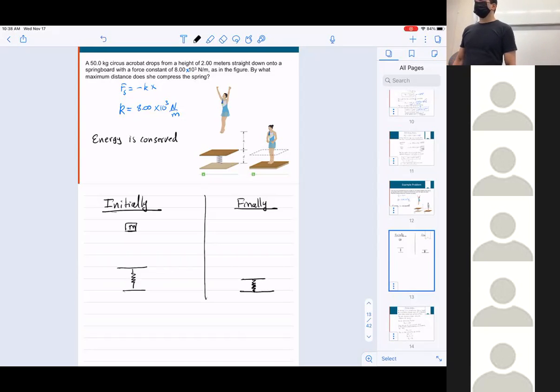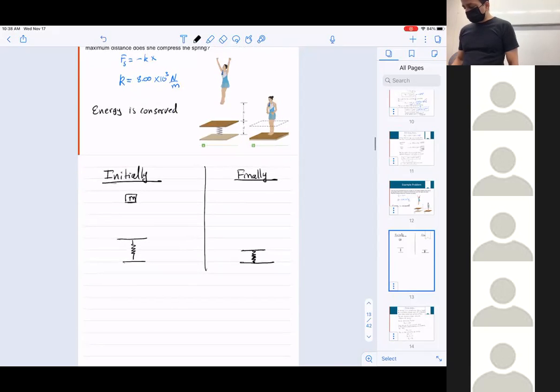Any questions on that? And the statement is that in this situation, there was some initial energy, and in this situation, there is some final energy, and they have to be equal to each other. There has to be a conservation of the total mechanical energy.